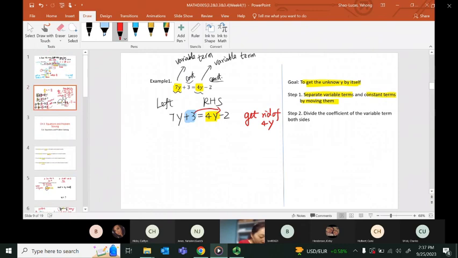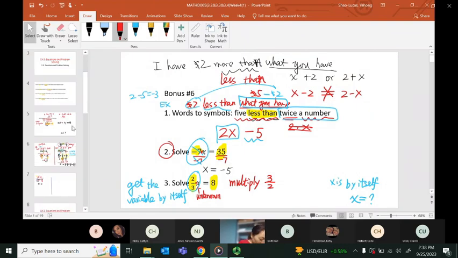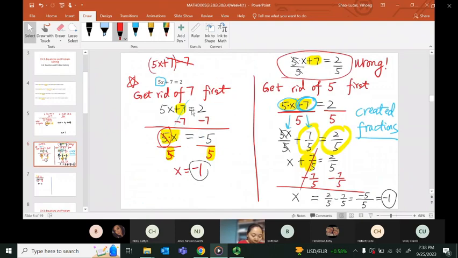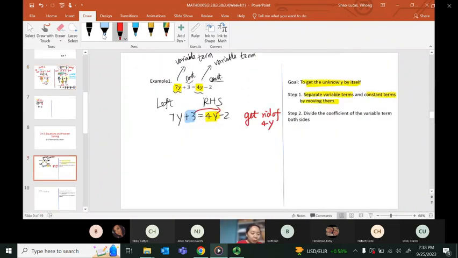Say we want to get rid of -7, or here we want to get rid of 2/3, or here I want to get rid of 7, and then I want to get rid of 5. It's all numbers we want to get rid of. Here it's something new. We're not getting rid of just the number. We're getting rid of a number and a variable, 4y, all together.